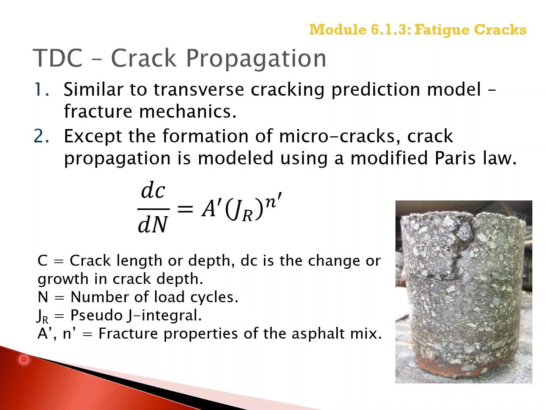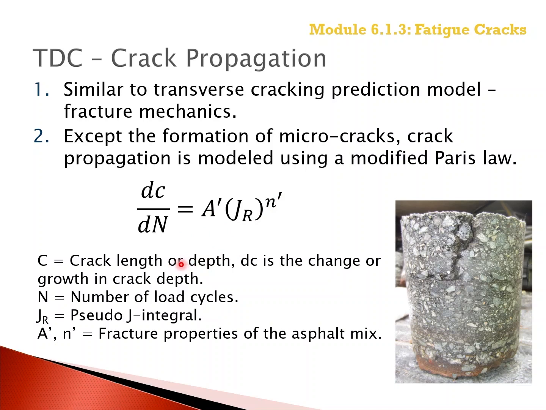The properties of the asphalt layers are determined for the upper asphalt layer, not for the lower asphalt layers. A prime and N prime are the fracture parameters which will be discussed and displayed on the following slides.